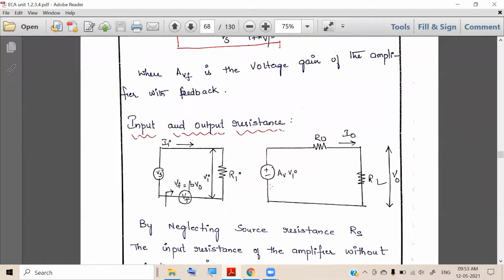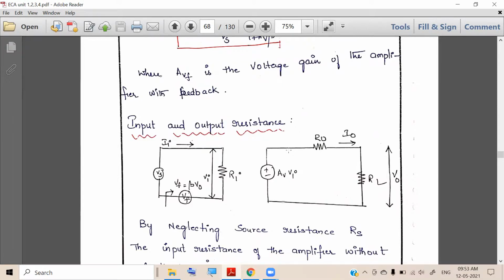Because it is voltage series feedback, the first term is voltage, so output we are representing like this in terms of voltage. The general amplifier is sufficient: Ri, AVBI, and R0.